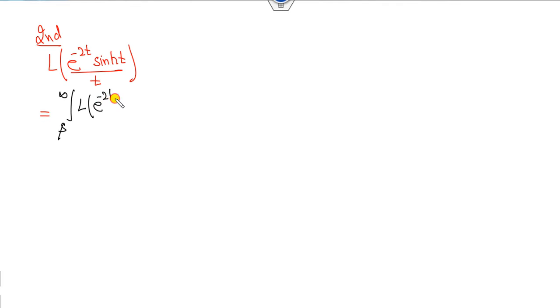Second method is, again, how you can find the Laplace of this sine hyperbolic t over t. So I can apply the definition. It comes to be the integral from s to infinity of the Laplace of e to the minus 2t sine hyperbolic t. So I can find the Laplace of this quantity. Laplace of sine hyperbolic t will be 1 over s square minus 1.